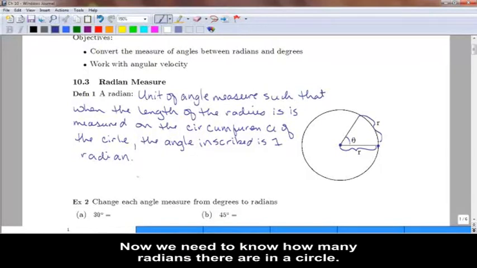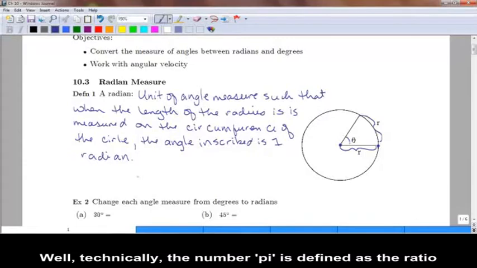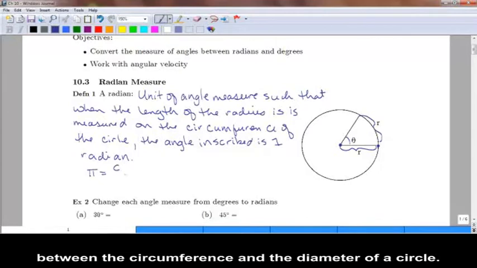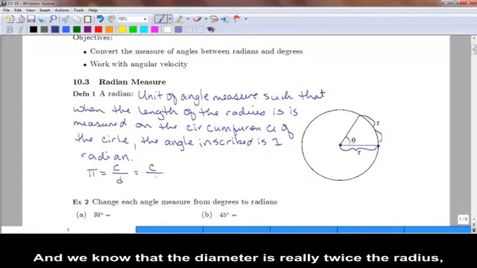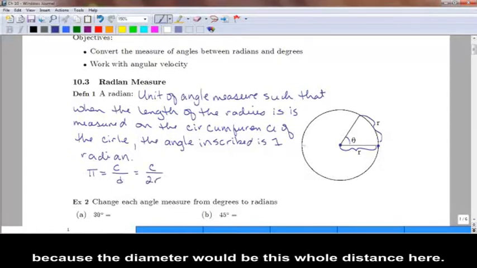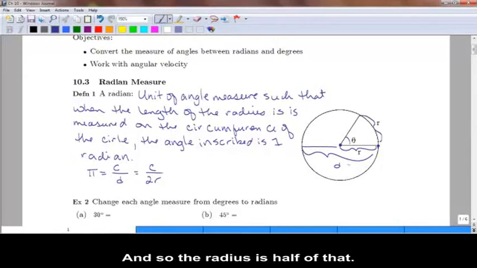Now we need to know how many radians there are in a circle. Well, technically, the number pi is defined as the ratio between the circumference and the diameter of a circle. And we know that the diameter is really twice the radius, because the diameter would be this whole distance here, and so the radius is half of that.